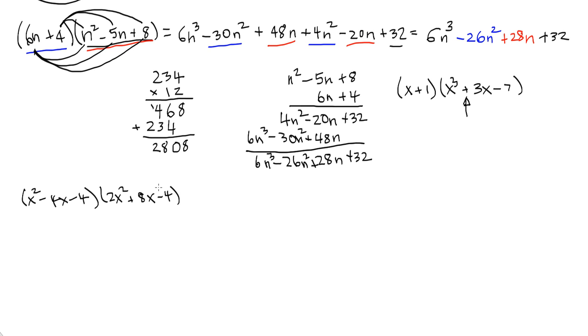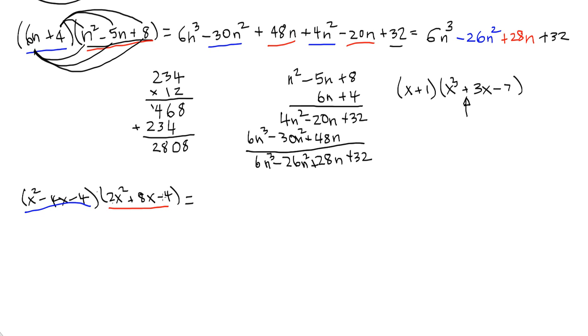And again, we want to multiply each of the terms in our first factor times each term in our second factor. That's a little better. So let's go ahead and do that. We're going to do this pretty quickly. I don't want to spend too much more time.